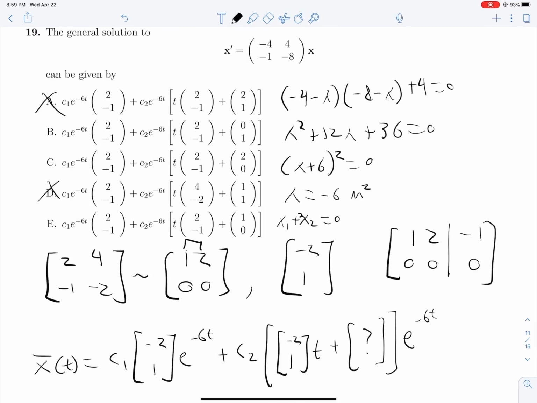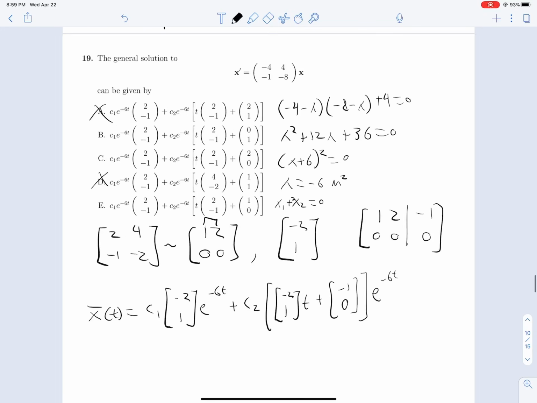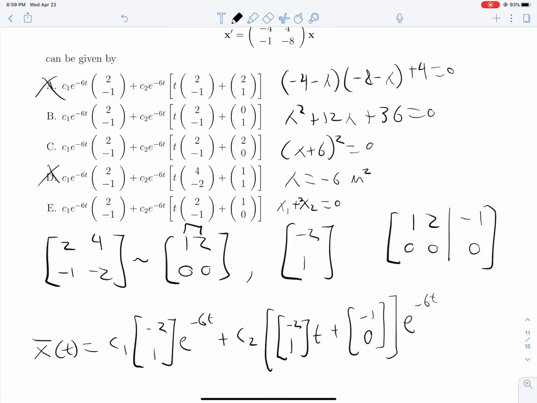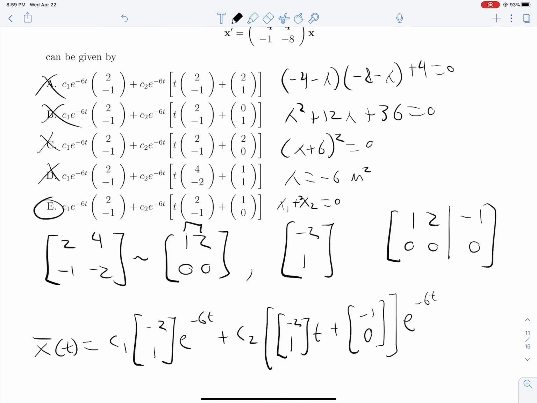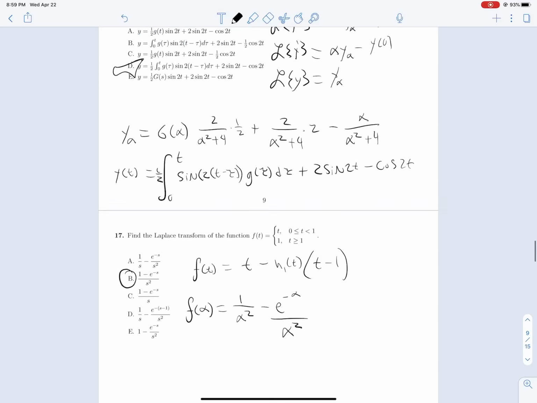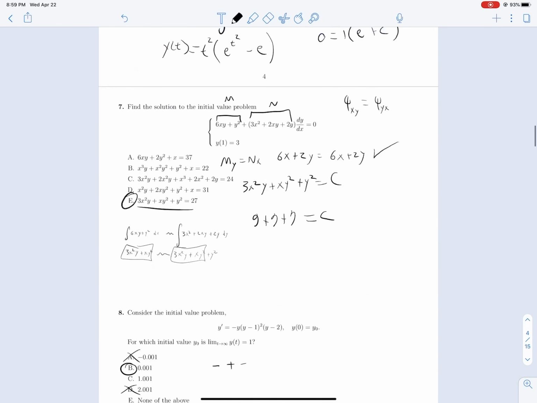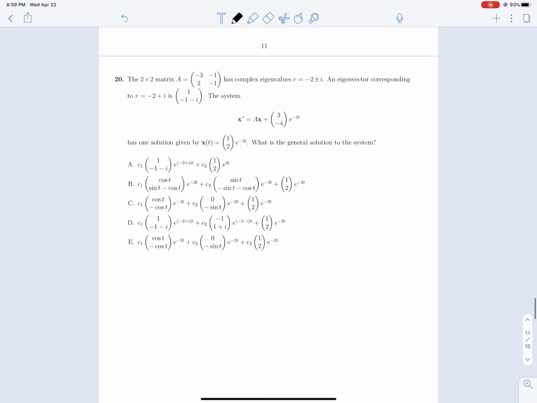So as a result, we can replace this with -1, 0. And it looks like what they've done here is been a little rude and flipped the sign on absolutely everything in the answer that we found, which is in the end perfectly fine because this constant can be positive or negative to compensate. So 19 is E, and I guess we'll give them that one.